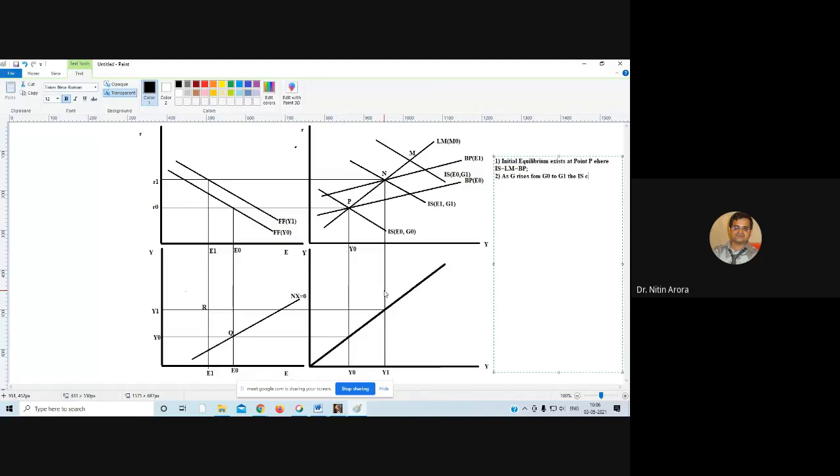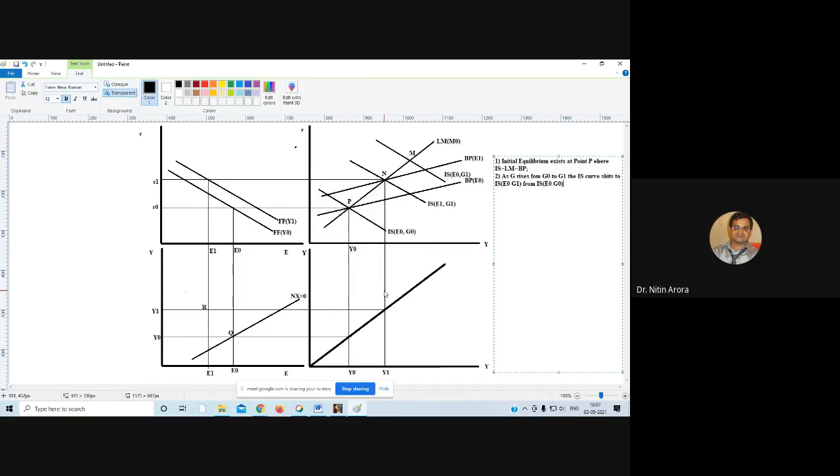The IS curve shifts to IS E naught G1 from IS E naught G naught. Okay, so earlier it was IS E naught G naught. Now the new curve is IS E naught G1.